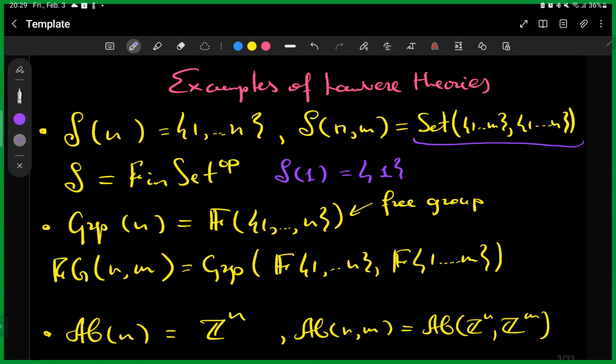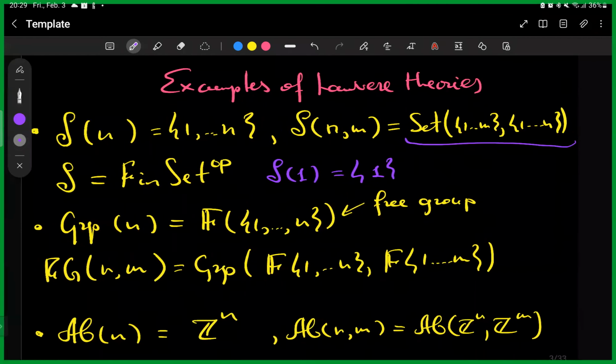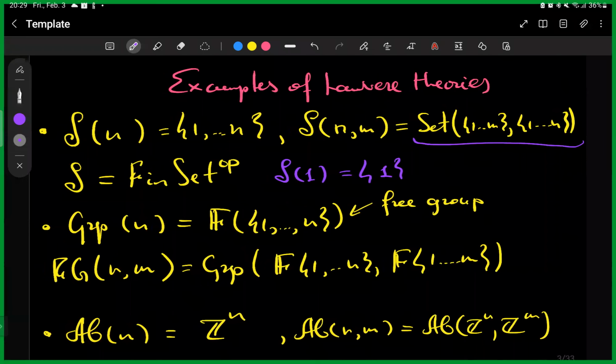Yes, that's correct. You can also see that you can obtain both these two theories by some kind of reconstruction from this theory of sets. So you can just apply the free functor to each object and obtain these theories.